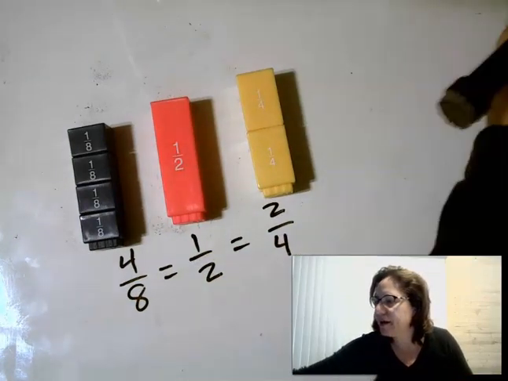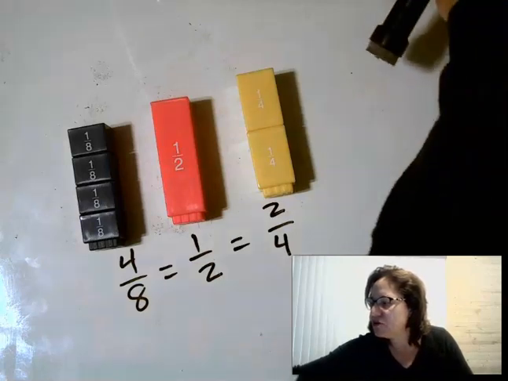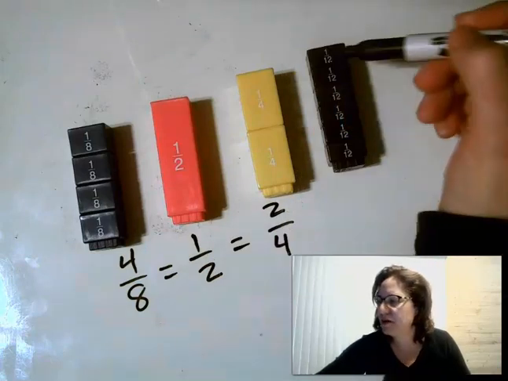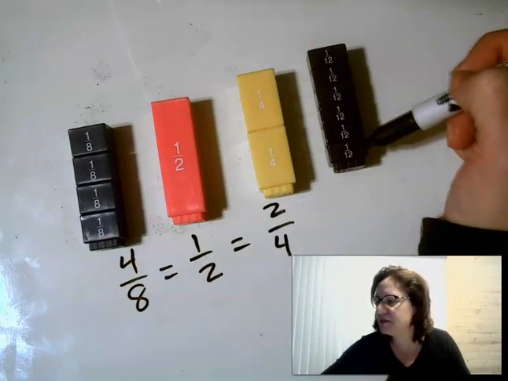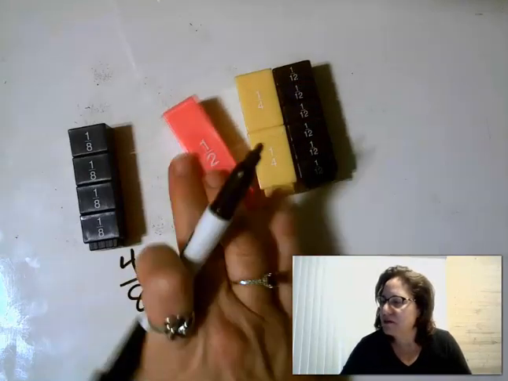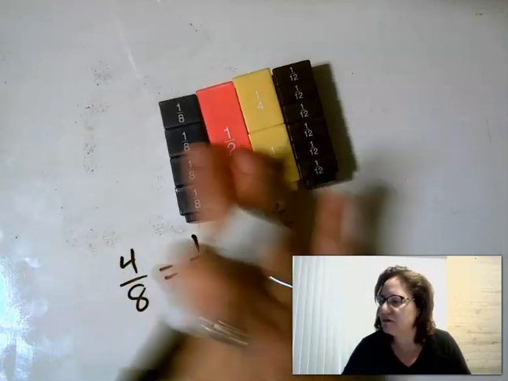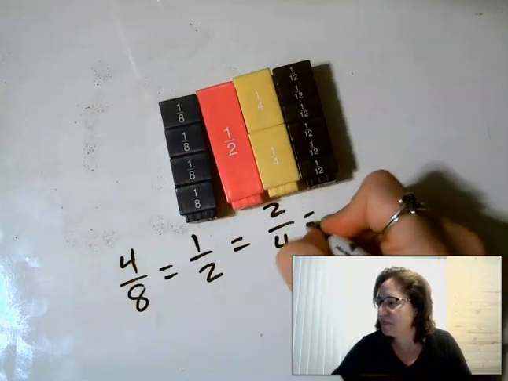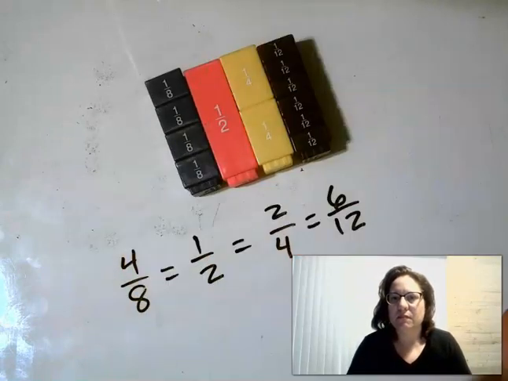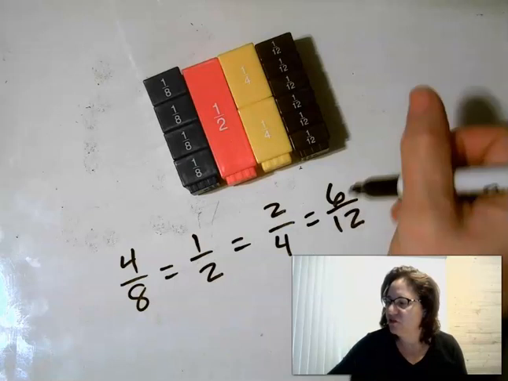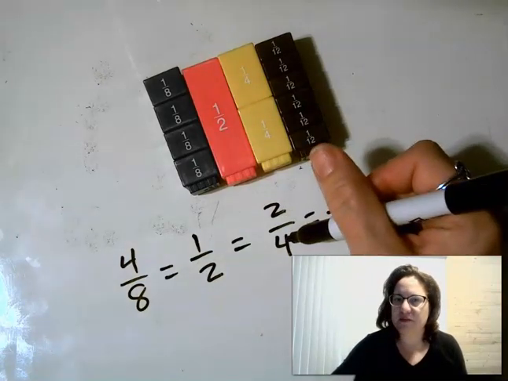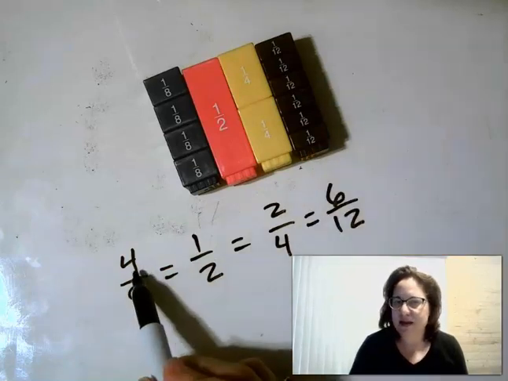Let's do twelfths. Okay, so 1, 2, 3, 4, 5, 6 twelfths is the same amount as all of these, isn't it? Six is half the size of 12. 2 is half of 4. 4 is half of 8.